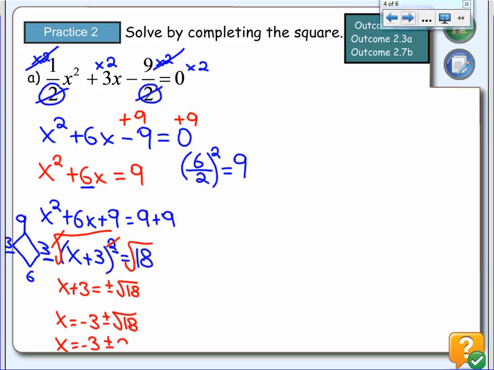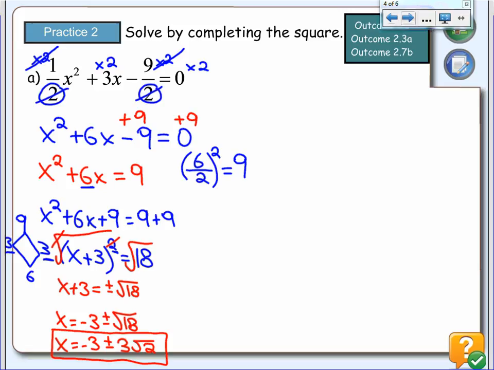That's your final answer. So we changed root 18 to become root 9 times root 2, and the square root of 9 is 3, which is why that 3 came out front. Remember, that's unit 1. So you need those unit 1 skills to transfer forward all year.